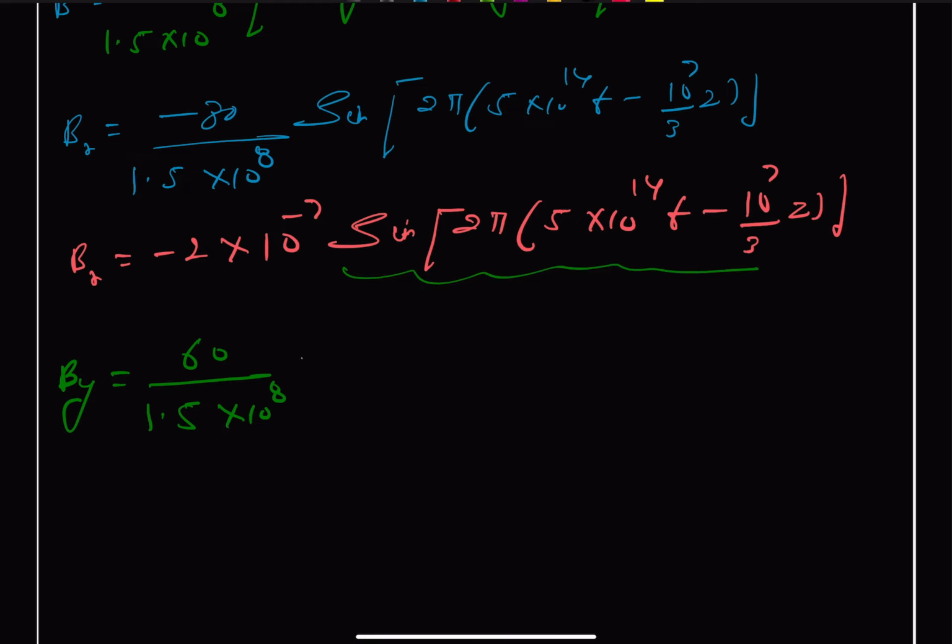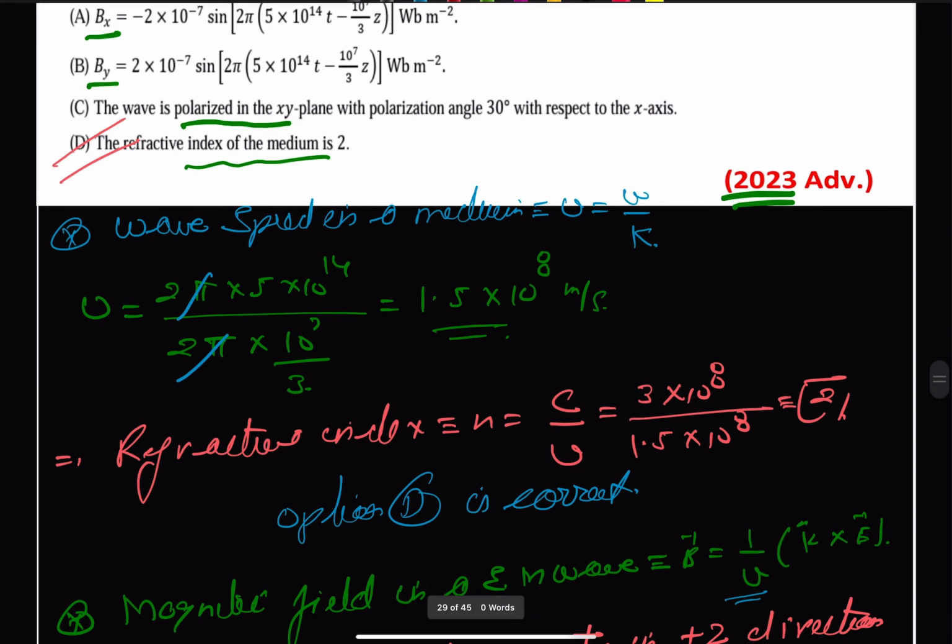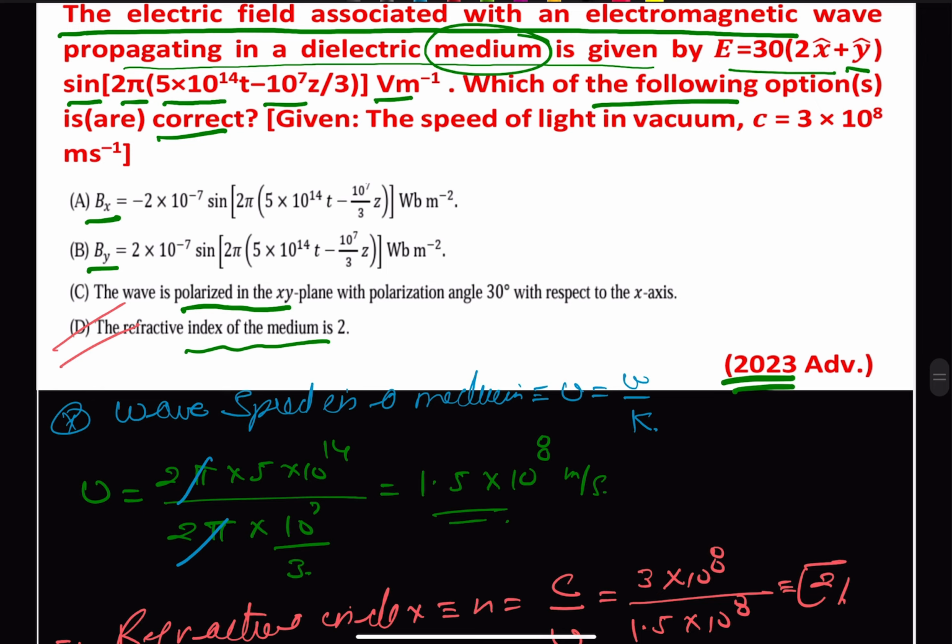So let me solve this 60 part only, and this will be coming as 4 into 10 raised to the power minus 7, and then we get the sine of 2 pi (5 into 10 raised to the power 14 times t minus 10 raised to the power 7 divided by 3 times z). Therefore, option A is correct.